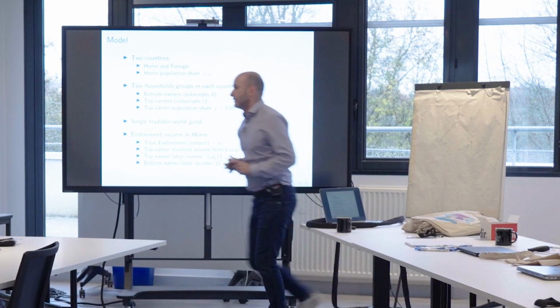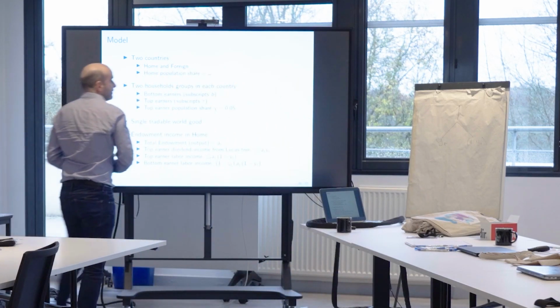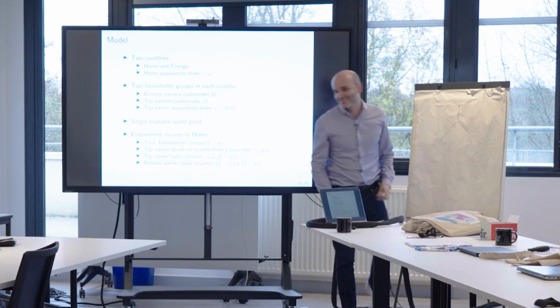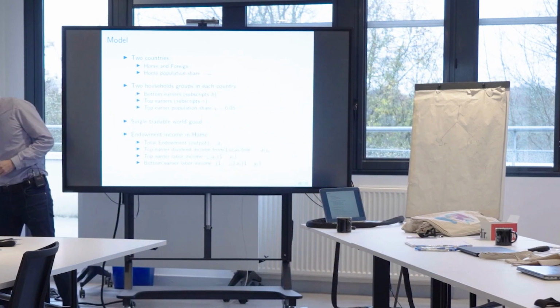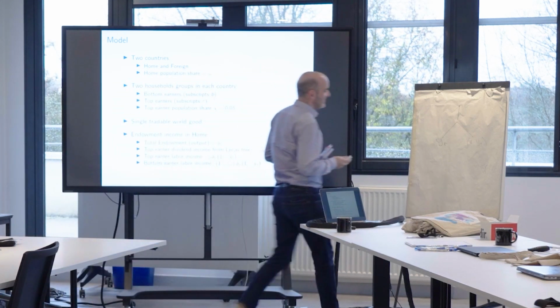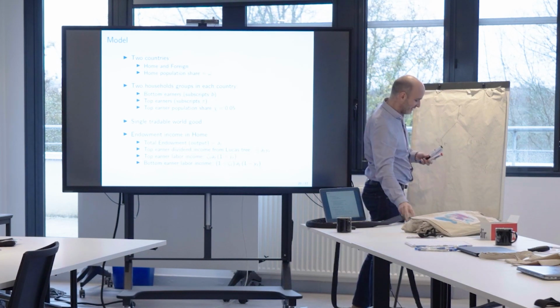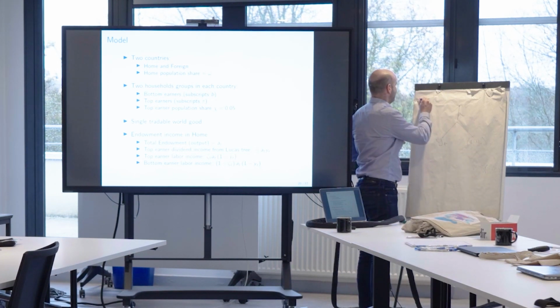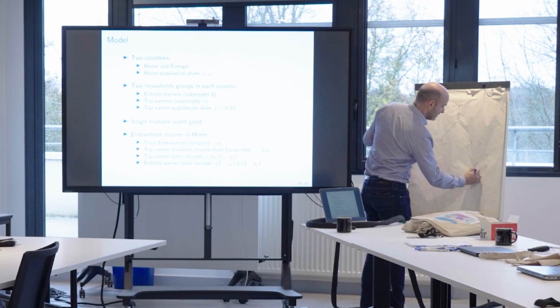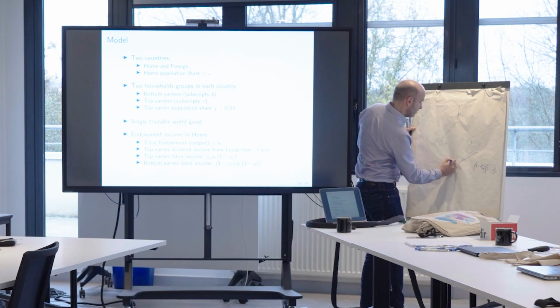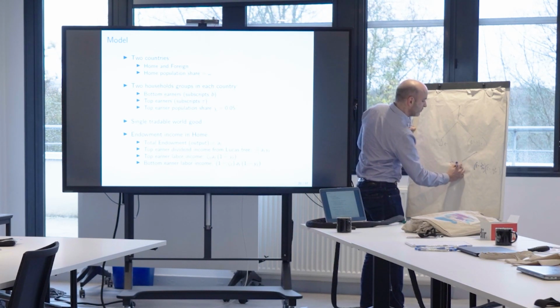So there's a fraction 1 minus zeta t that goes to the bottom earners, a fraction of this labor income, and a fraction zeta t that goes to the top earners.